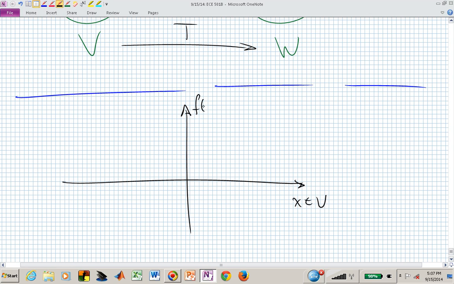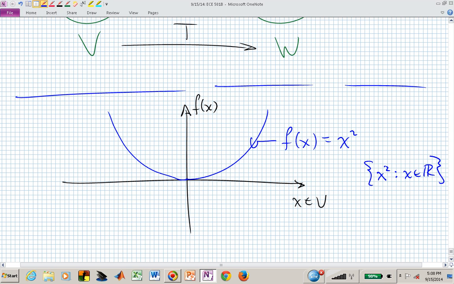This is now the axis for f of x. Suppose this is now the relationship, so that the map is x squared, where x is an element of R.